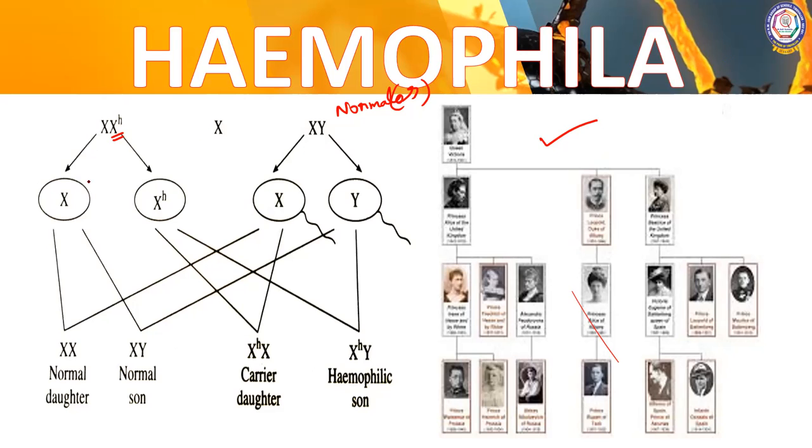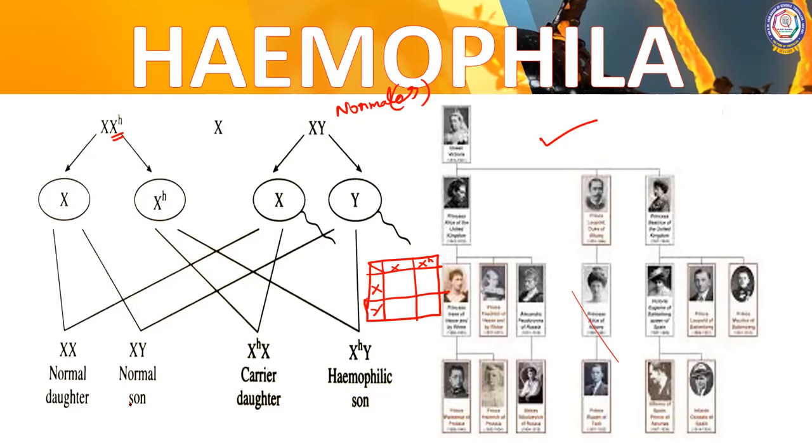Suppose you find this a difficult task to do, you can use a checkerboard. Instead of doing this flow chart, you can go for a checkerboard like this. So it's easy. Who proposed this one? Punnett. So we call it Punnett square also. Use the checkerboard, write the same thing, and then complete it. So you will get the result.